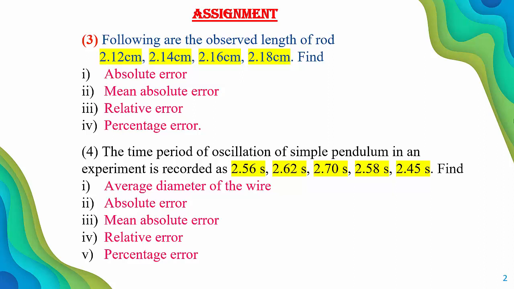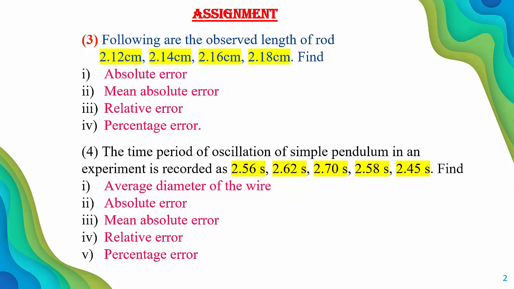We already know that absolute error is the difference between mean value and measured value. Mean absolute error, delta A bar, is equal to mod of delta A1 plus delta A2 plus delta A3 so on up to delta AN, divided by N. That means the mean of all absolute errors where we take only positive magnitude.